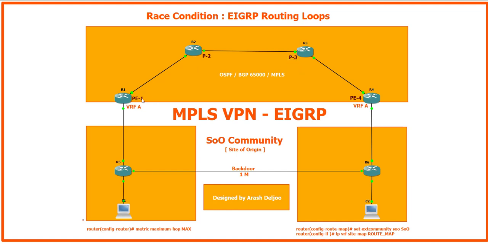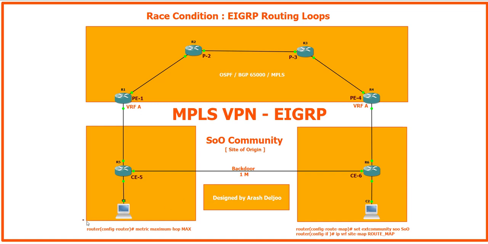And also here, as you can see in R5, we have one customer edge, CE5, and then CE6. Here we have only one customer with two sites. The first site, the left side, has one CE, and the right side has one CE, CE6. You know that we use the backdoor link only when the MPLS layer 3 link fails.